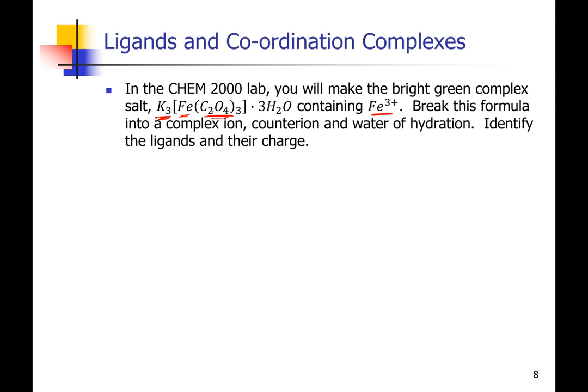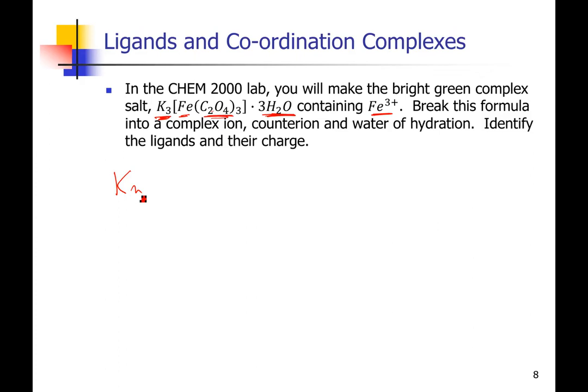There are potassium cations balancing that out to make it neutral. And as it crystallizes, we also trap water molecules in the lattice. And so if we were to take this formula and break it down into the pieces, recognizing that the total charges all have to add up to 0, we can work out what the charges of all the different pieces must be.